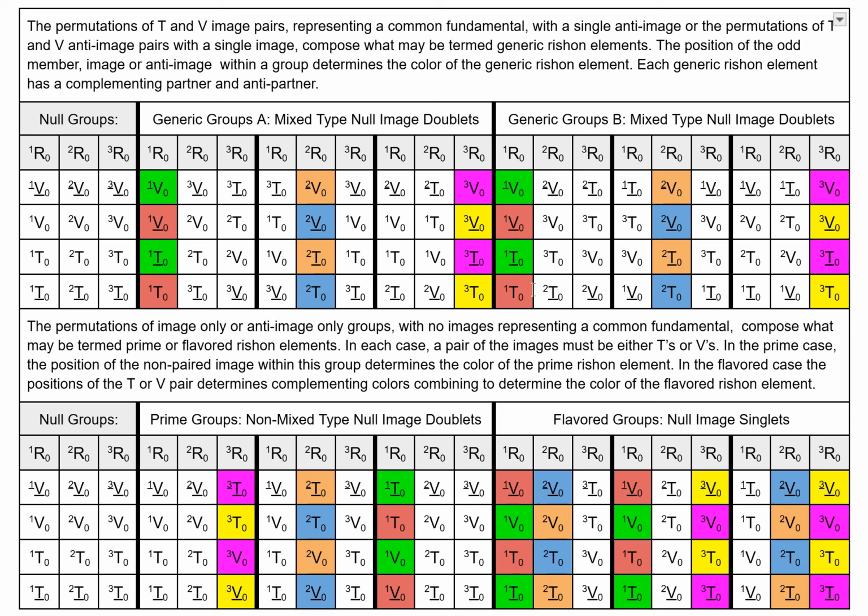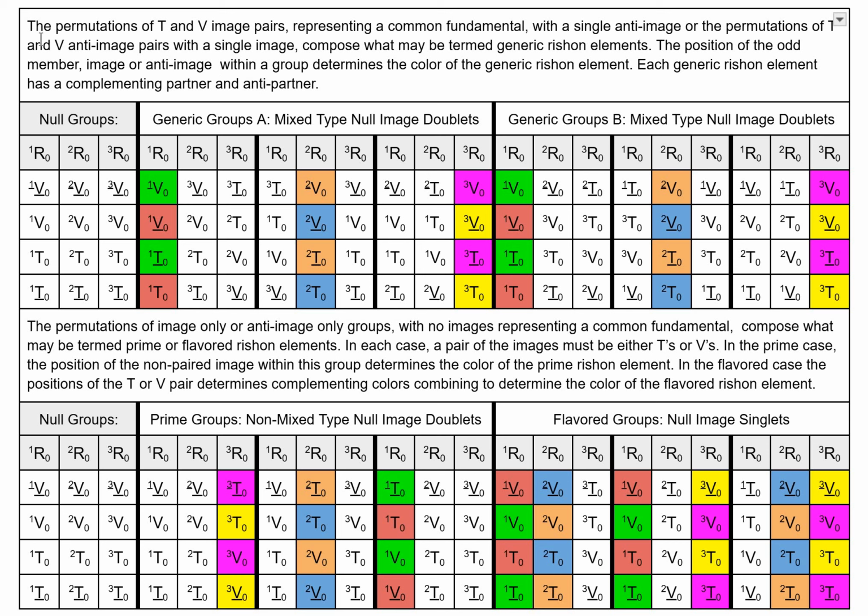And we now have its image, remember, determining the color of its anti-partner with a 2 and a 2. And so in that way, we can say in an A group, if we can find a pair or an anti-pair in the B group, we should be able to find its partner or anti-partner.